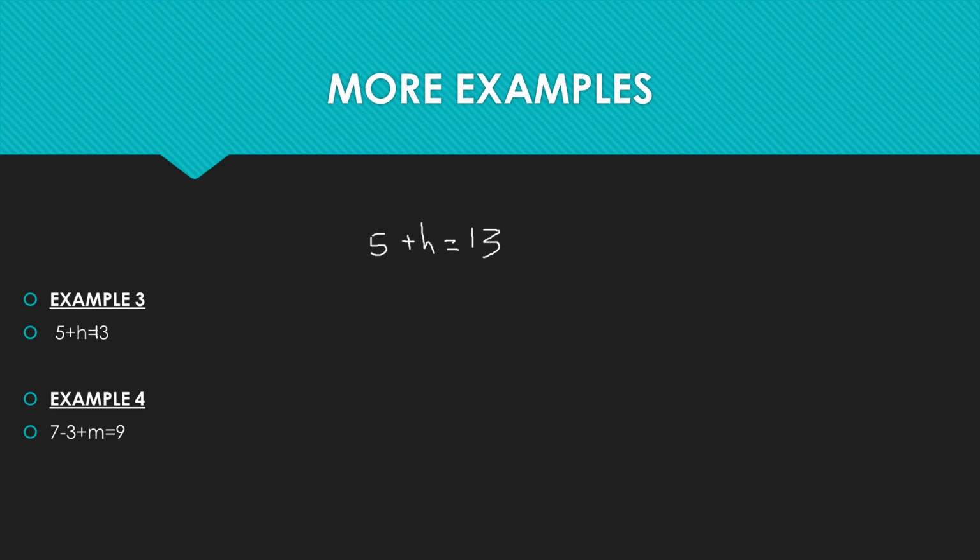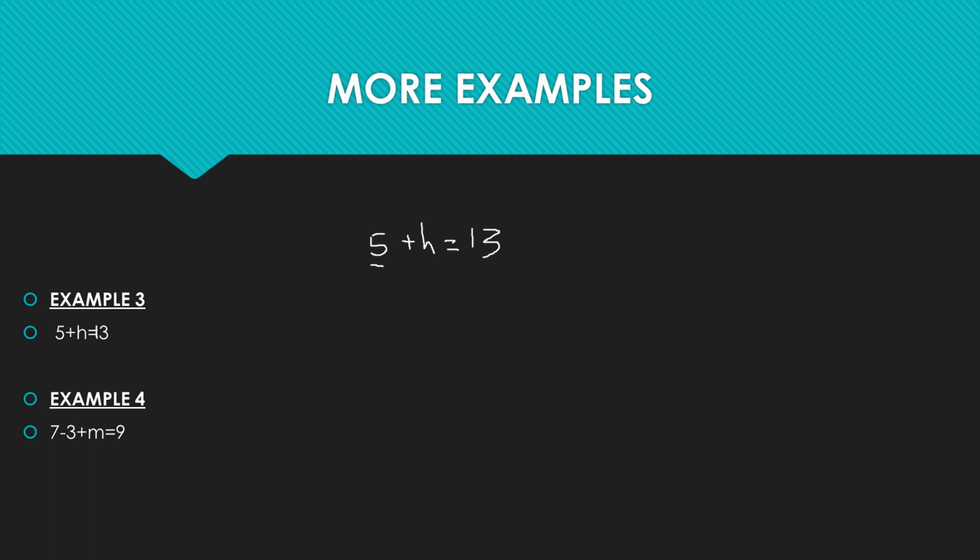So we consider 5 as positive, because in algebra the first number is always positive. So 5 is plus 5, and h is plus h.